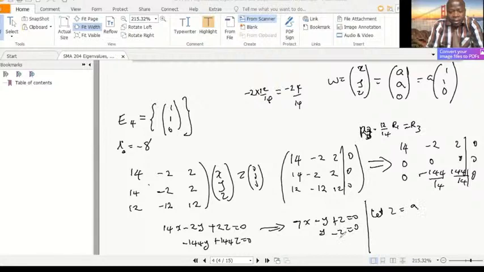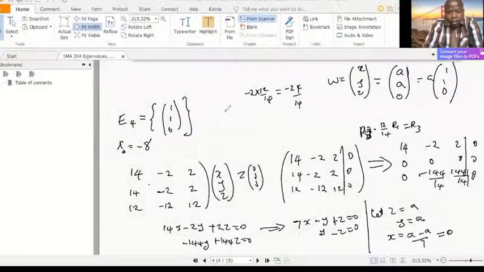That will mean the last equation makes y also a. What about the first equation? What does it say about x? It says that x will be a minus a out of 7, which is 0. So we now have x as 0, y as a, z as a.